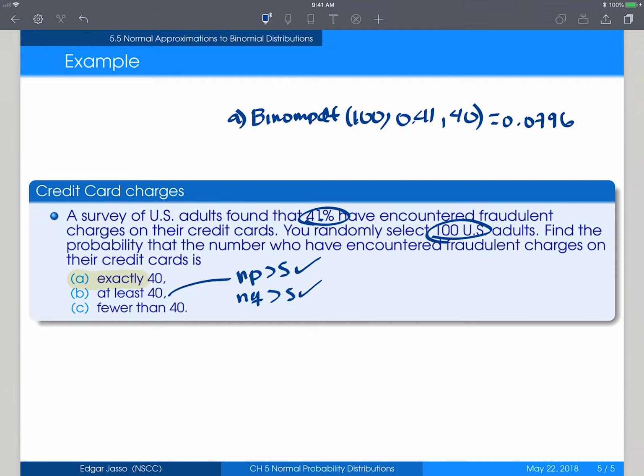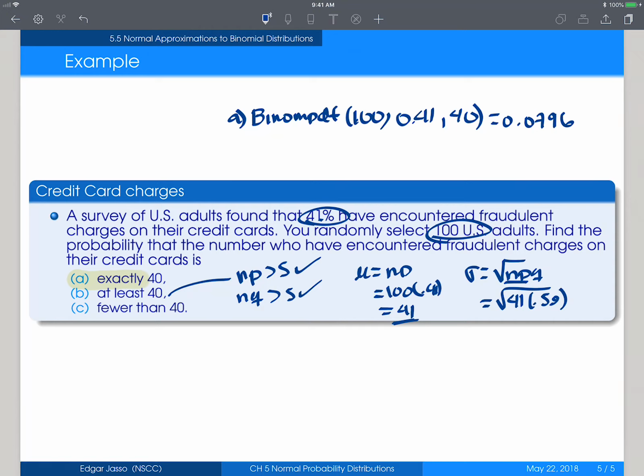So who is my mean? My mean is np, exactly 100 times 0.41, so it's 41. Who is my standard deviation? It's the square root of npq. So it's the square root of np, which is 41 already, times q, which is 0.59.